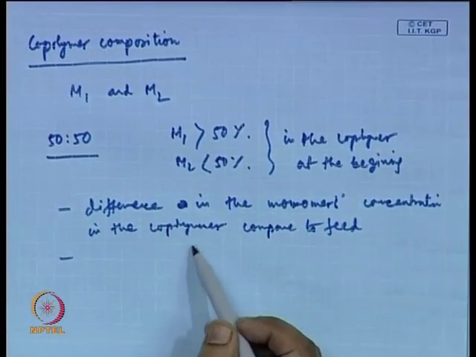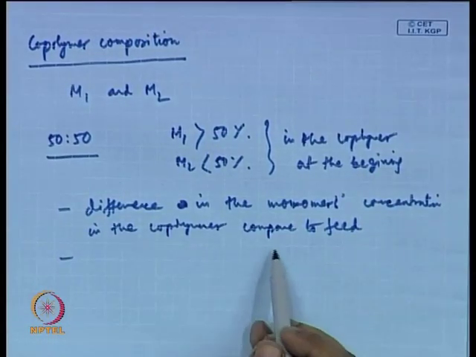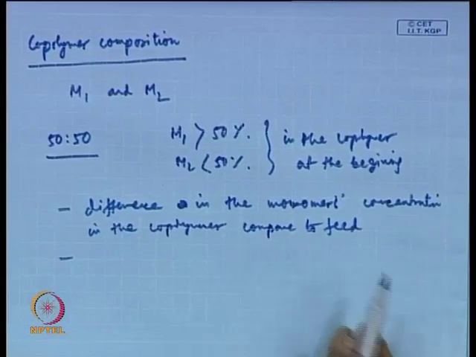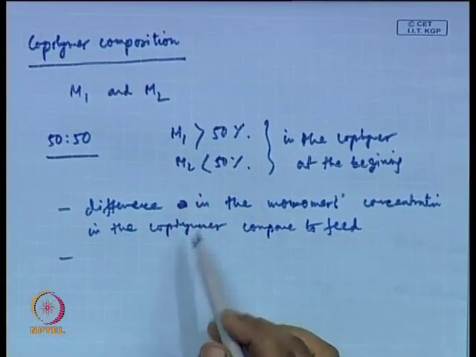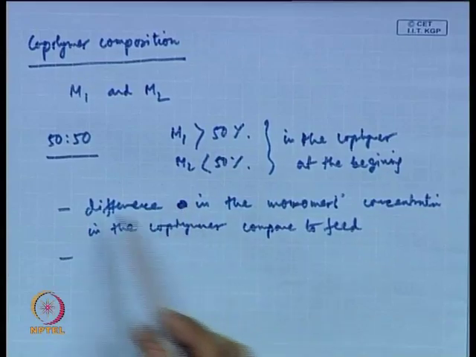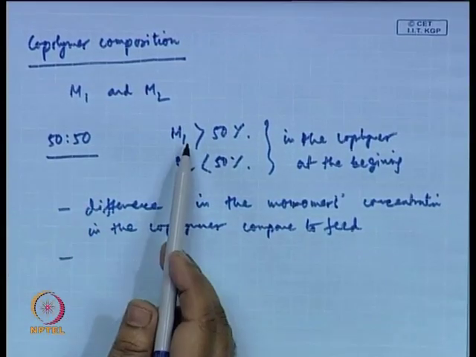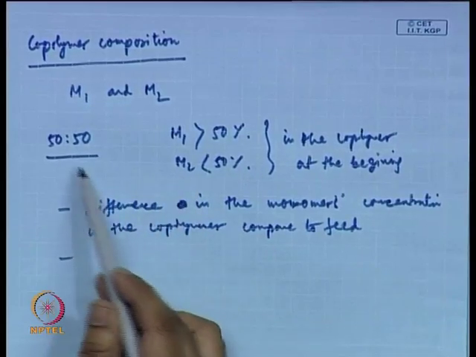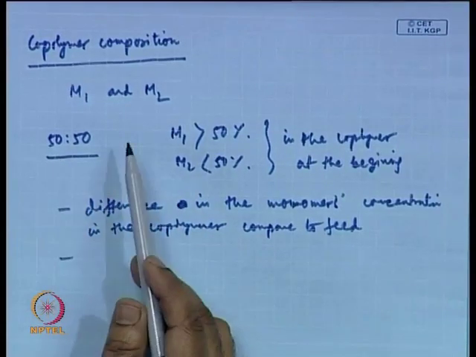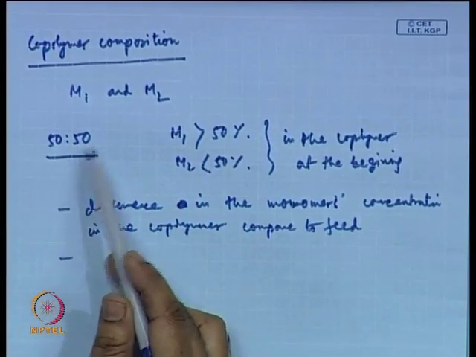Now, as the reaction goes, with more and more M1 getting incorporated at a faster rate than M2, soon the reaction medium will have less M1, because most of the M1 has got incorporated in the copolymer chain.